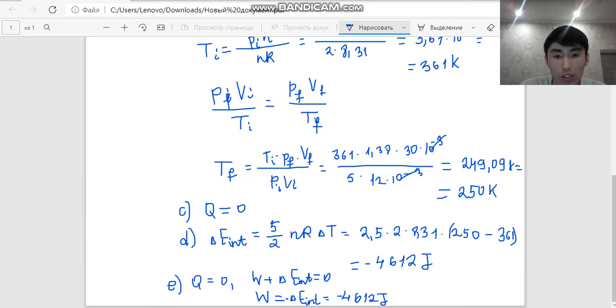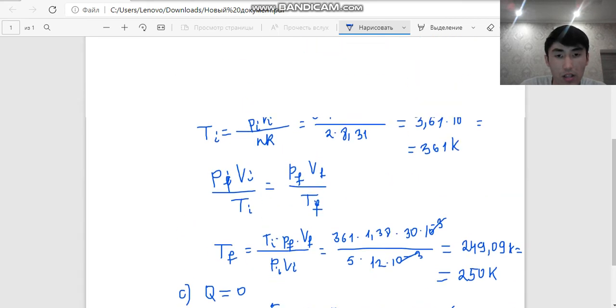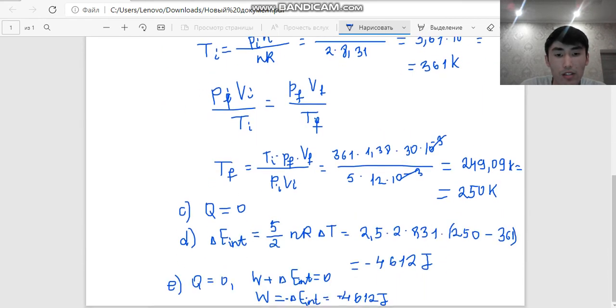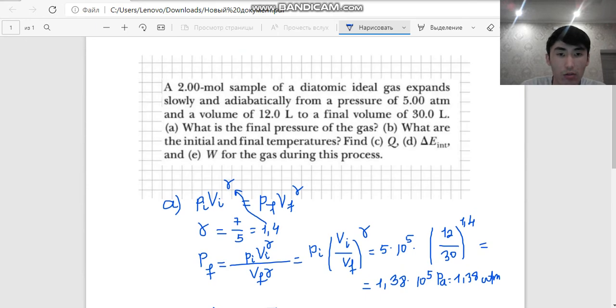Here the minus would be a plus if the question asked for work done by the gas, because this is an expanding process, right? Volume is increasing.